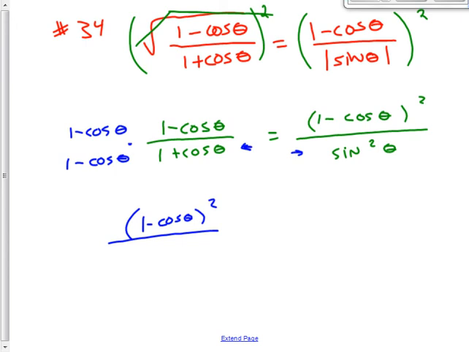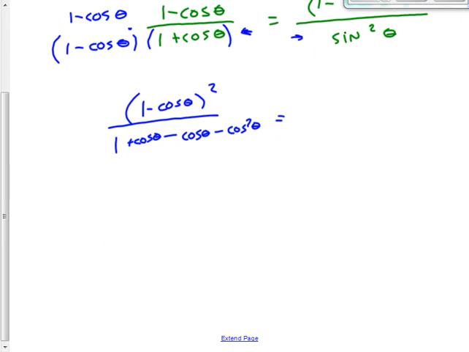On the bottom, I do want to FOIL this so that I prove to myself and more importantly to you: 1 times 1 is 1, 1 times cosine is cosine, negative cosine times 1, and then negative cosine times cosine is negative cosine squared. On top, I want to leave that alone because that's already done. That's what I wanted on the right-hand side. On the bottom, the cosines cancel out, and I get 1 minus cosine squared.